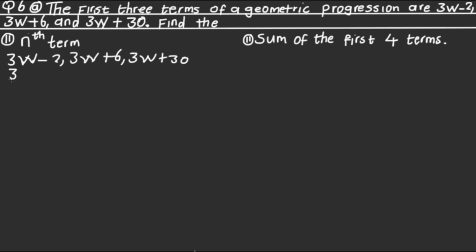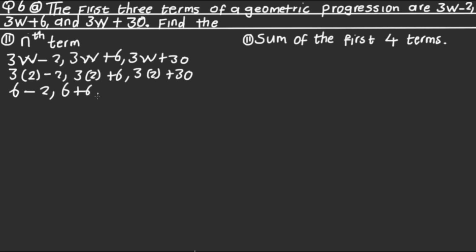So 3 times 2 minus 2, 3 times 2 plus 6, 3 times 2 plus 30. So 3 times 2 will give us 6 minus 2, 6 plus 6, then 6 plus 30.